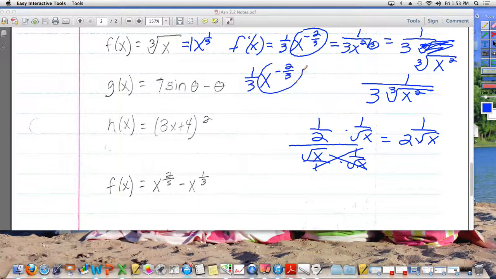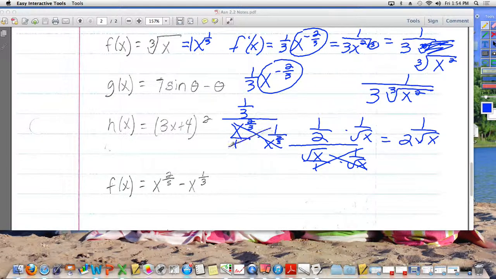So I took this and I moved it to the bottom. So I really had 1/3 divided by x to the 2/3 power, which is really 1/3 divided by x to the 2/3 power over 1. So I multiply by 1 over x to the 2/3 power.